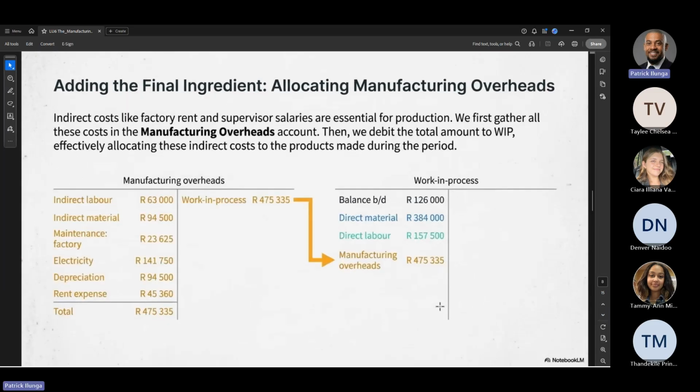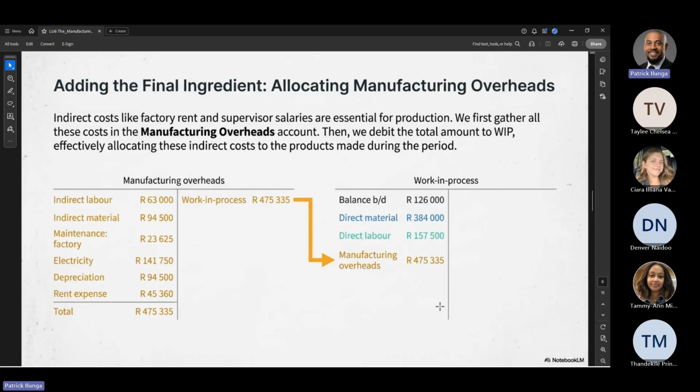And now, allocating manufacturing overhead. Remember, we dealt with direct material and direct labor. Now, what about the manufacturing overhead? We're also going to add them all up together. That would be your indirect labor, for example, your supervisor or your cleaner, your indirect material, that could be maybe the glue, factory maintenance.